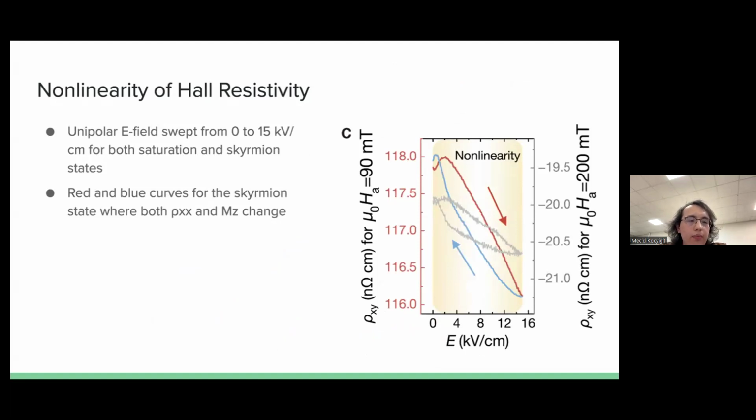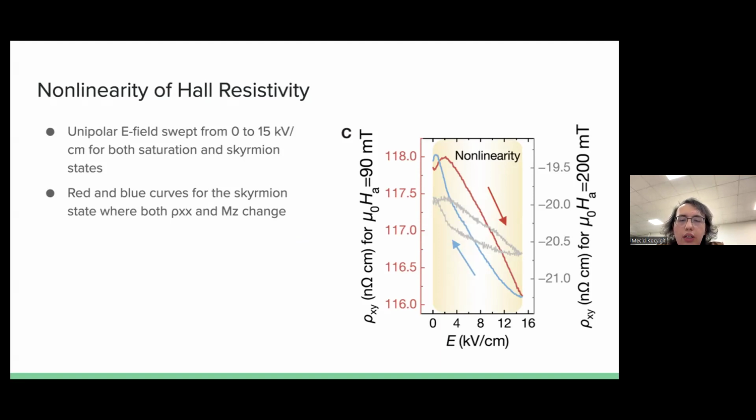And the variation of Hall resistivity rho xy with the applied E fields is measured, as shown in the figure C, by scanning a unipolar electric field from 0 to 15 kilovolts per centimeter and then back to 0 in a time period of 50 seconds at the skyrmion state, meaning the external magnetic field is 90 milliteslas.